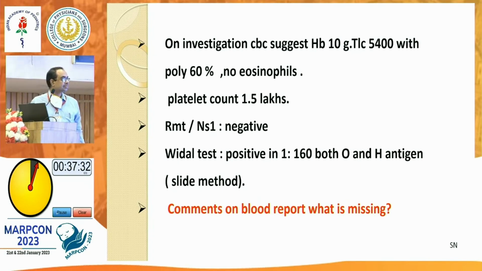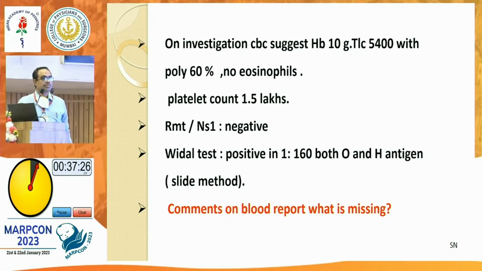This is more important because this is a systemic bacterial disease, and now we are going towards enteric fever, because eosinophil count is 0 in 80 to 90% of the patients with enteric fever. Platelet count 1.5 lakhs is at the lower normal limit. RMT and NS1 are negative.